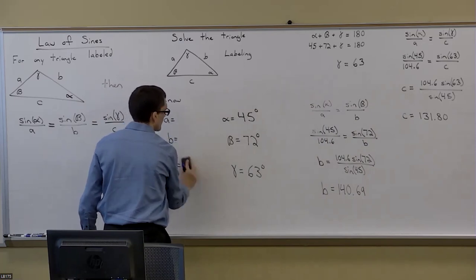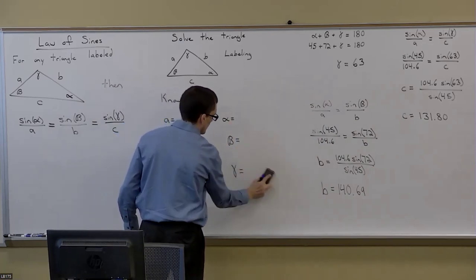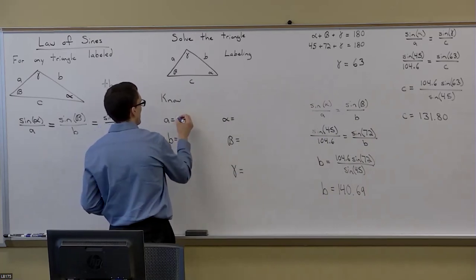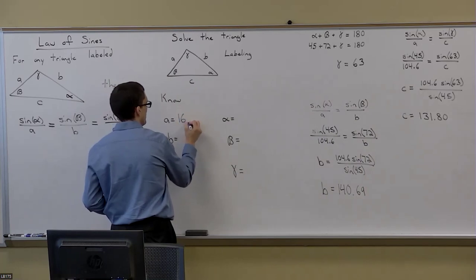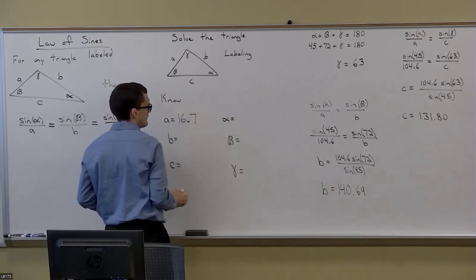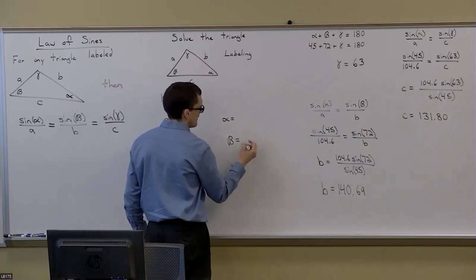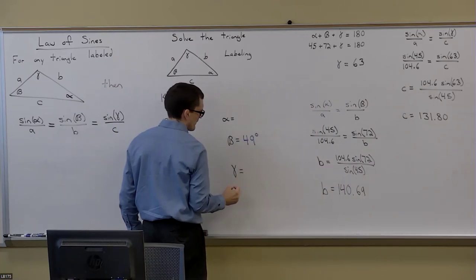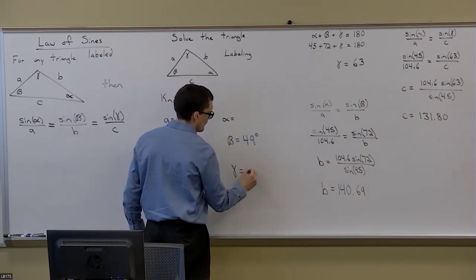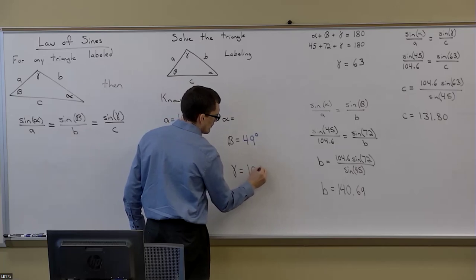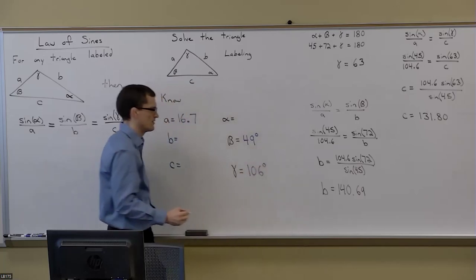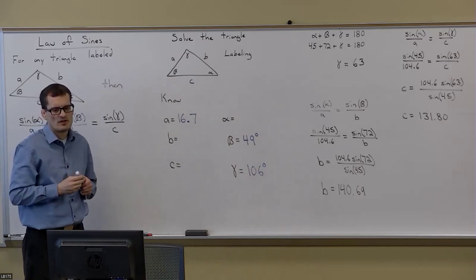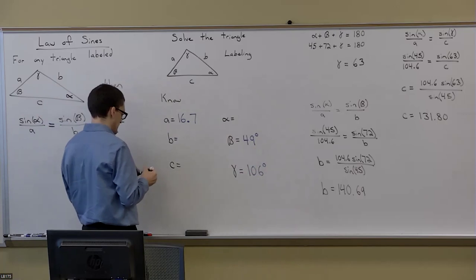Let's say that you know A is 16.7, beta is 49 degrees, gamma is 106 degrees. Find the other components.